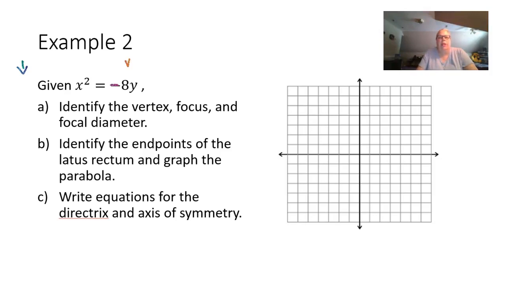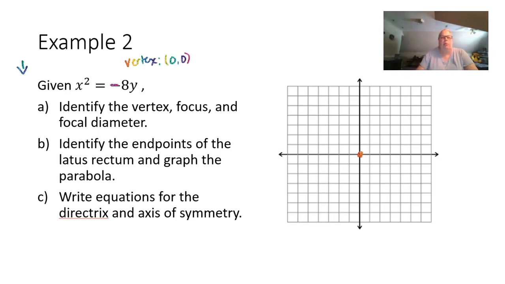Okay, our vertex is going to be at (0, 0), and we know that because there's nothing grouped with the x, and there's nothing over here grouped with the y being added or subtracted to it. So we have our vertex here at (0, 0).